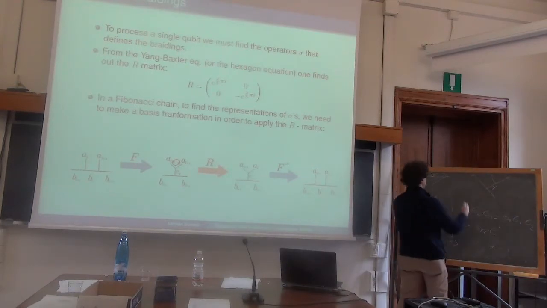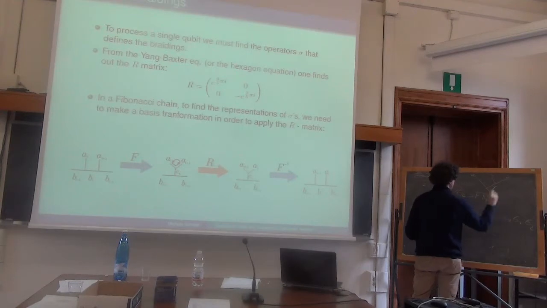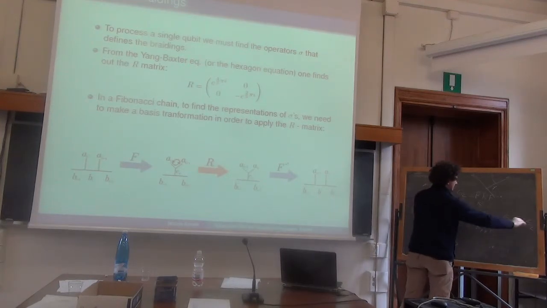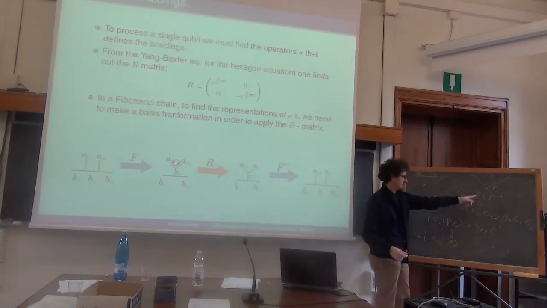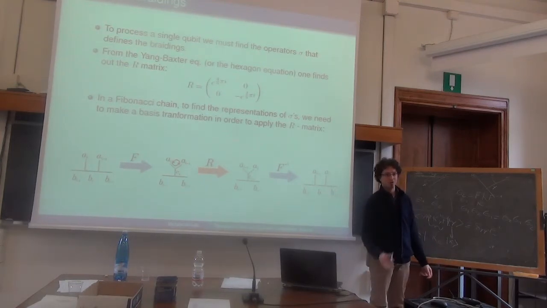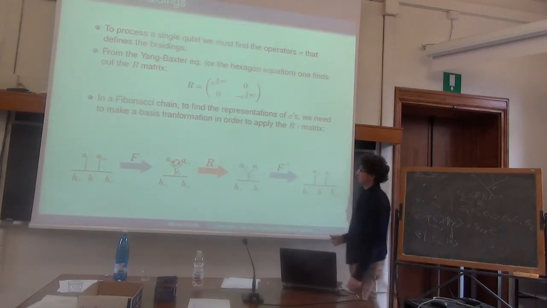And since I said that sigma 2 is represented by some F R F^-1, whereas sigma 1 is represented by a different R in principle, I can combine this equation and obtain constraints linking F and R's that allow me to evaluate possibly the braiding of this intersection.